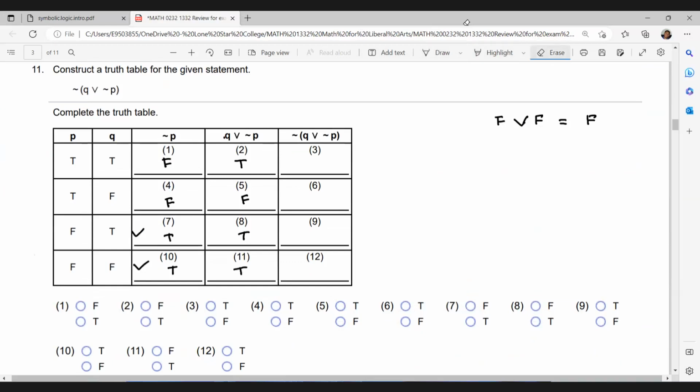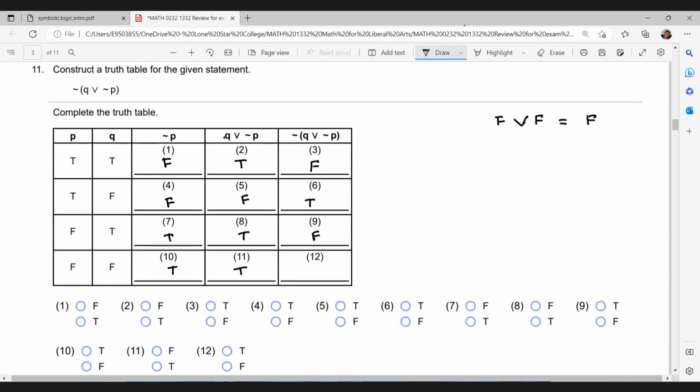Okay, and then what do we want to do at the end here? Let's see. We want to take the negation of what we just did. So this entire column here is going to change truth value. So this true will become now false. This false becomes true. This true becomes false.